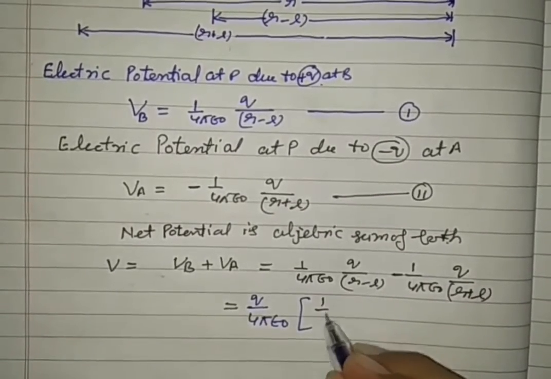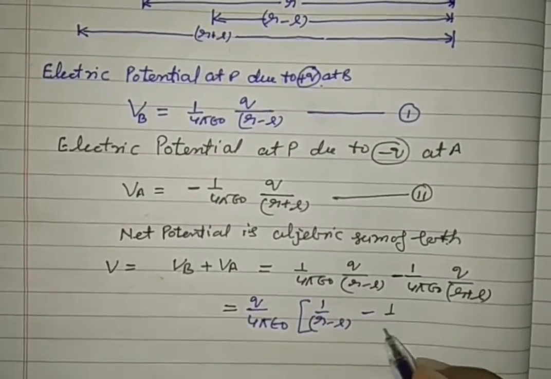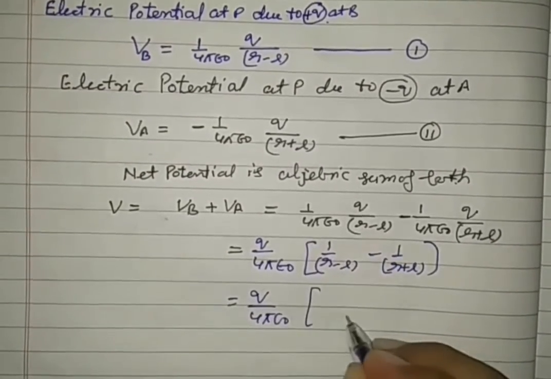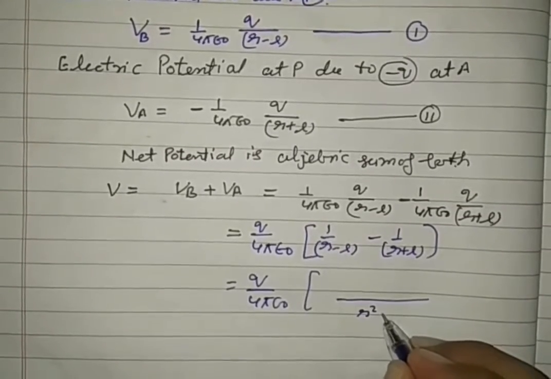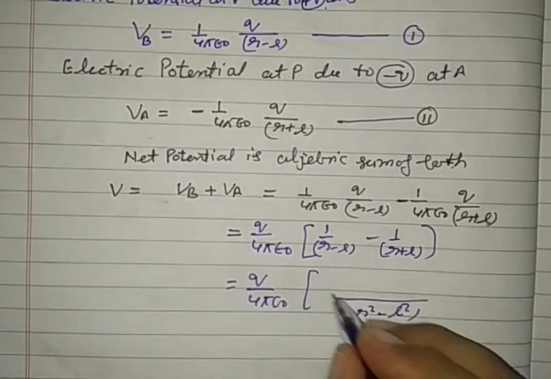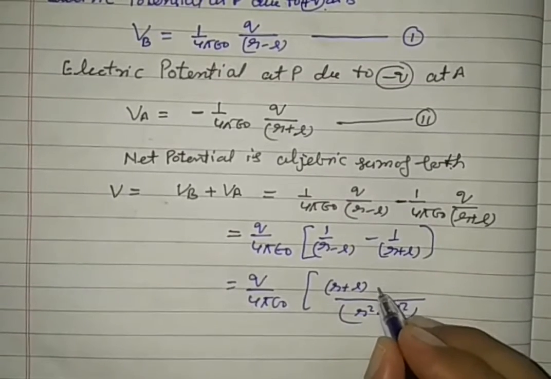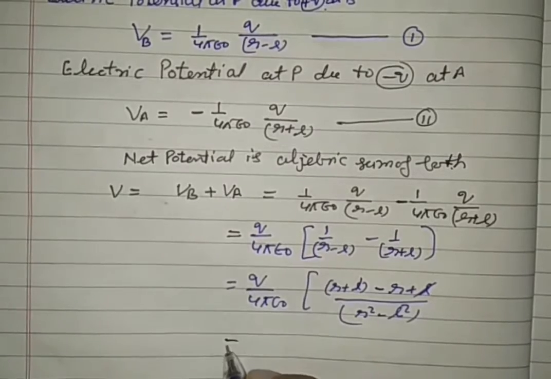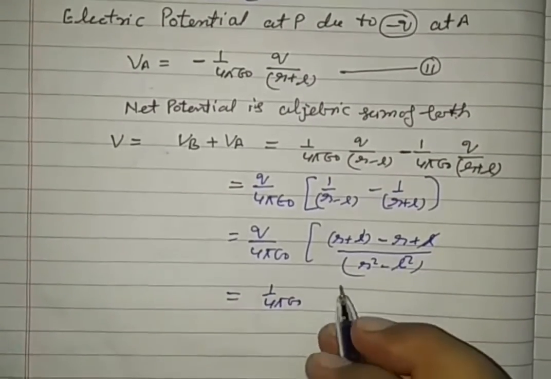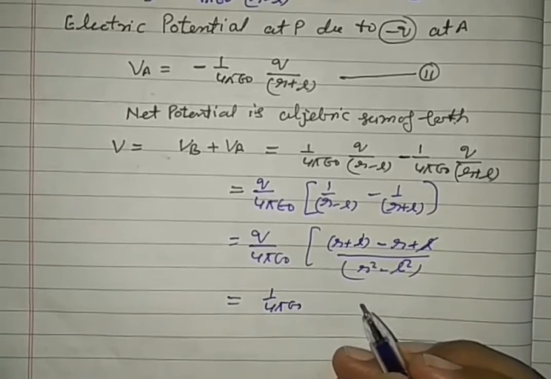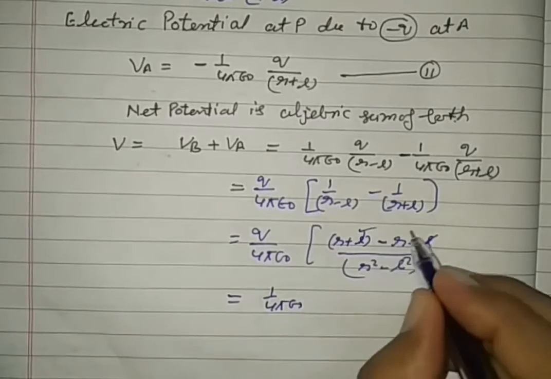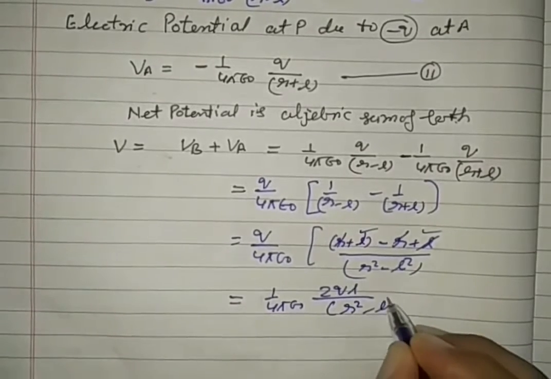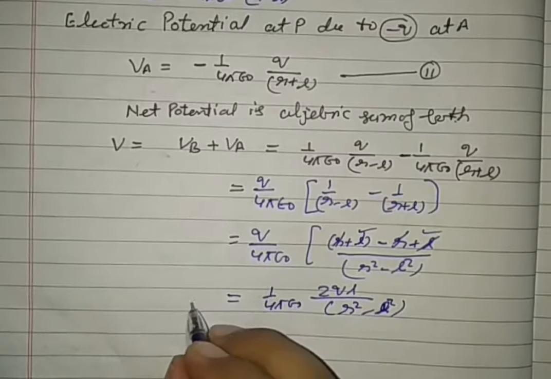Here is the term 1 upon R minus L and minus 1 by R plus L. Now the LCM of R minus L and R plus L is R square minus L square, and the numerator is R plus L minus R plus L. So R is cancelled by R, and it becomes 1 upon 4 pi epsilon 0 times 2qL by R square minus L square. This is the net potential.